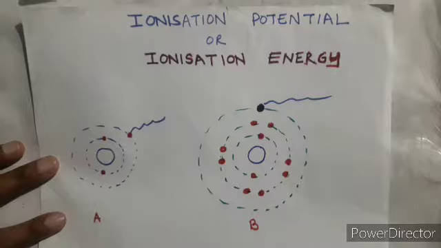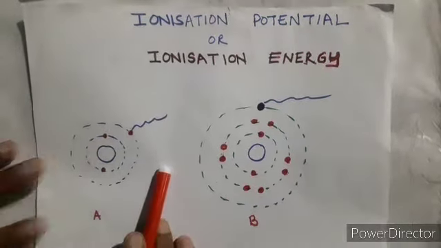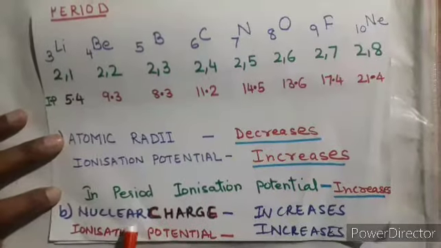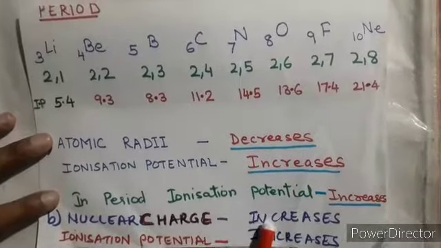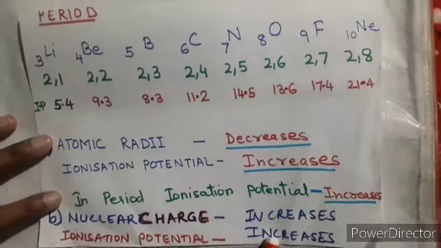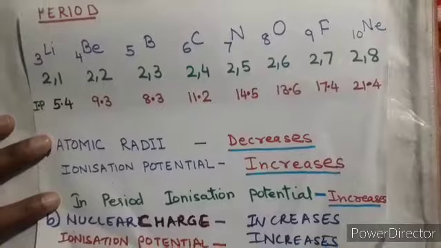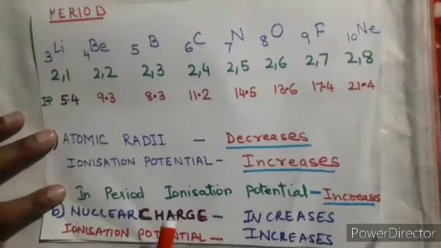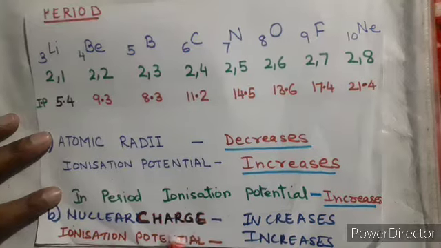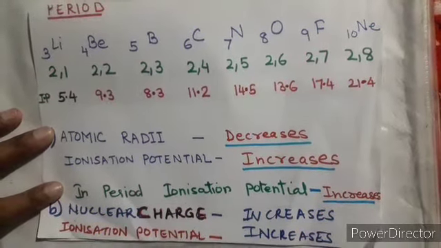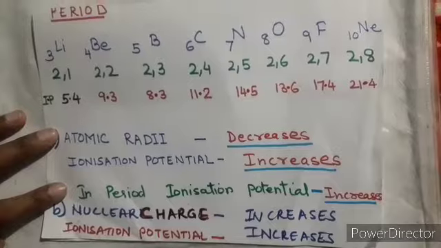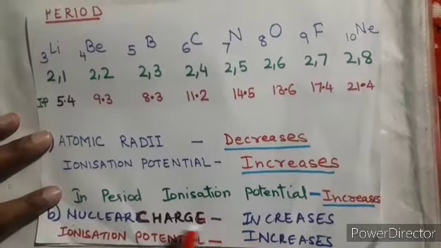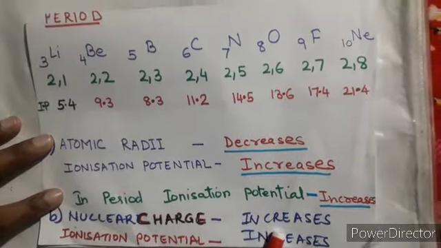Now we'll discuss the second factor, that is the nuclear charge. If nuclear charge increases, the ionization potential increases. In the previous periodic properties, you have also seen that the nuclear charge was increasing. In periods and groups, the nuclear charge always increases, right?